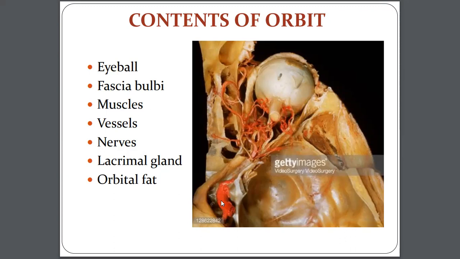We have blood vessels which are supplying the eyeball and the surrounding muscles, coming from a branch of the internal carotid artery, that is the ophthalmic artery. We have cranial nerves supplying all these muscles. On the superolateral corner, usually we see a gland which we have already discussed in detail, that is the lacrimal gland, and a lot of fat will be there when you do dissection, that is orbital fat.